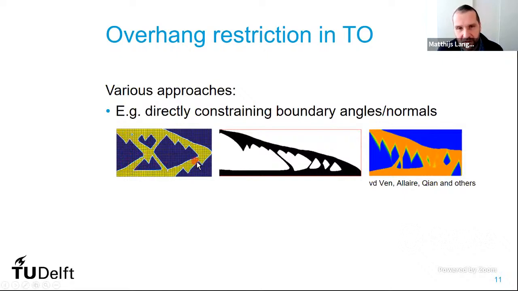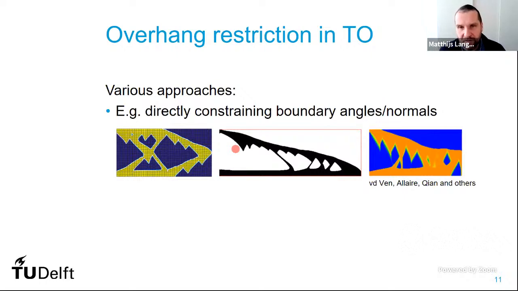And then you get a geometry that indeed everywhere meets, for instance, a 45-degree overhang angle, except it's still not printable because these points that are floating here in the air, if you think of the powder bed process, there would not be a proper solid place to start this part of the structure. So this is in the end not a complete way to restrict your optimization process to manufacturable designs.